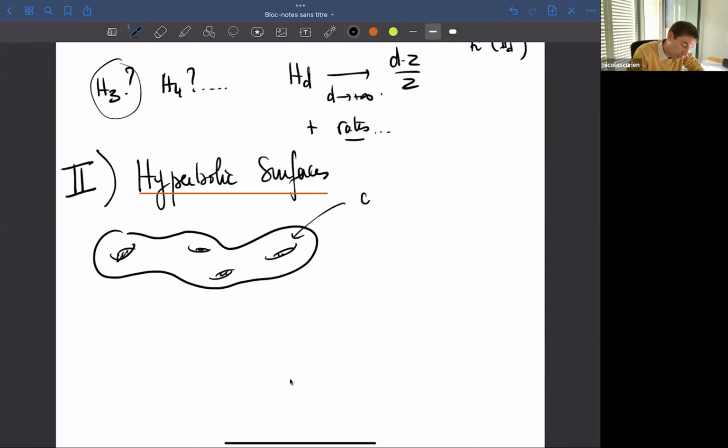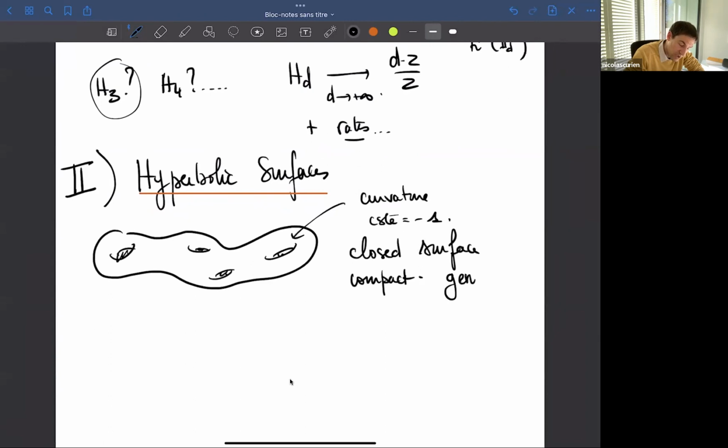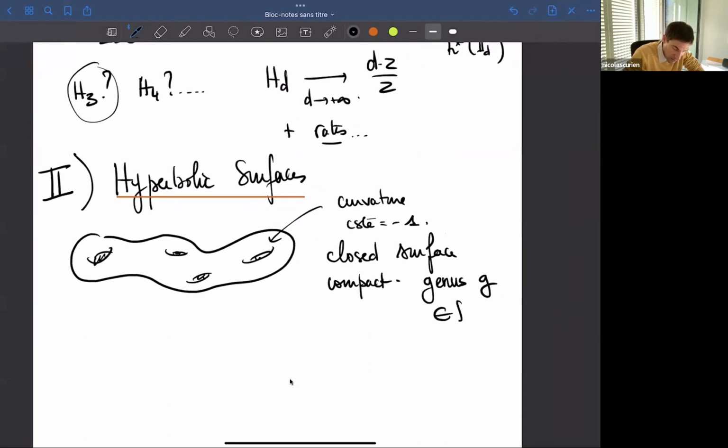The curvature is constant, equal to minus 1. I will only take closed, compact even, surfaces, so that they are classified by their genus, which is the number of holes, belonging to 0, 1, 2.